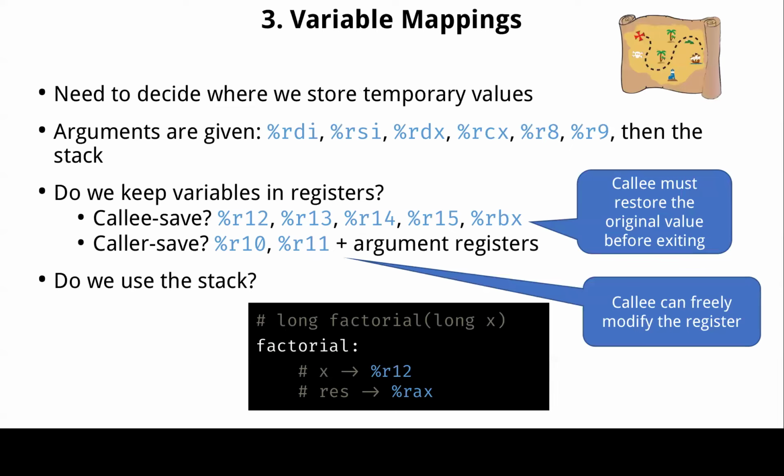Then you need to decide what variables you want to use. This is very complicated, but this part you already know; we talked about it many times. The registers are RDI, RSI, RDX, RCX, R8, R9. Those 6 registers are used for arguments. If your function has 1 argument, it will use RDI.